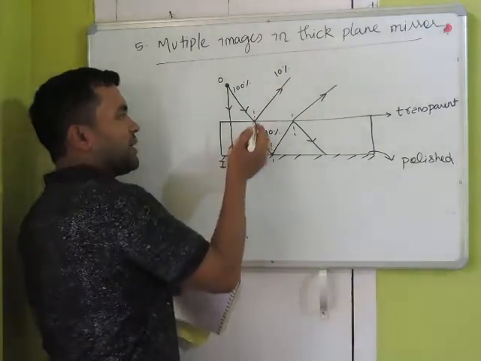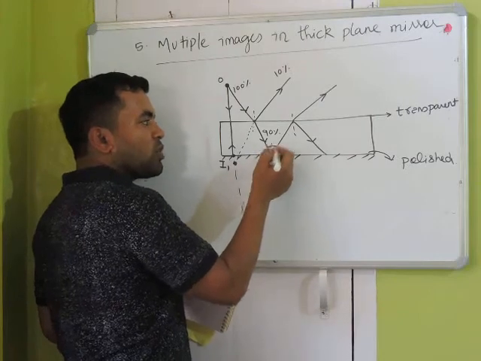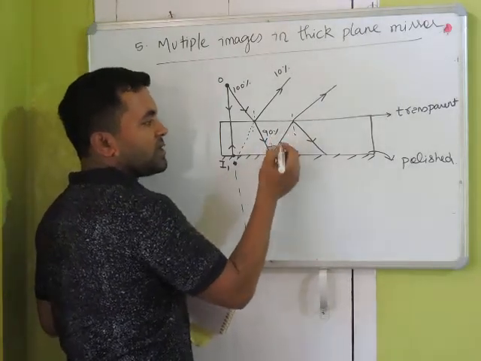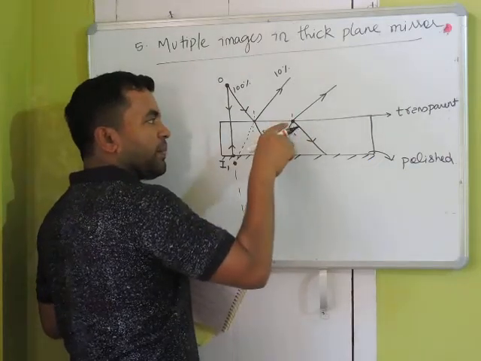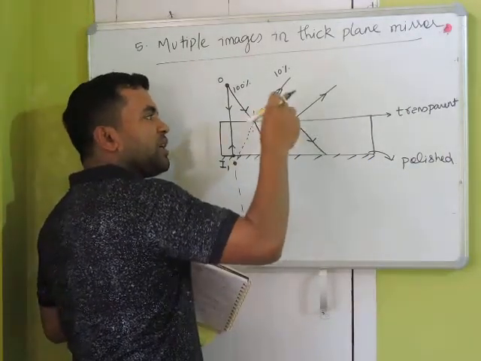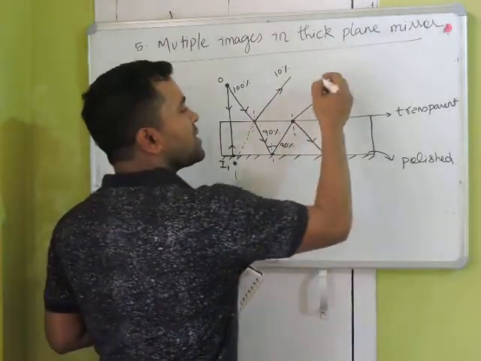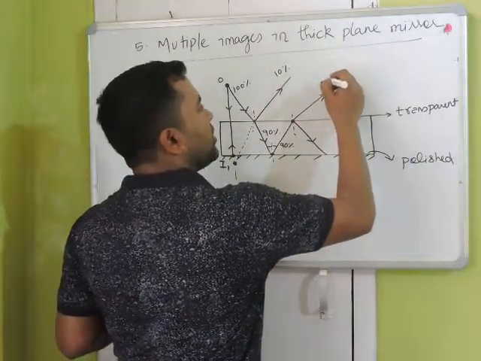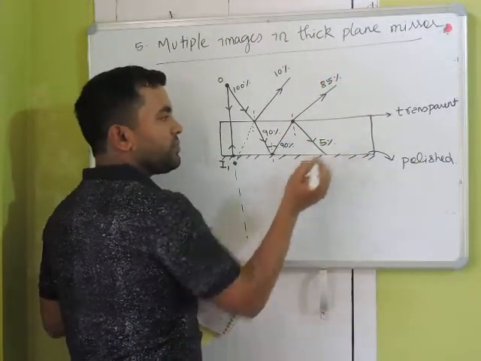Now if you track down this 90%, since it is polished, most of the light will be reflected. So let us say 90% reflects. As it comes here, again this is a transparent medium, most of the light will escape. Refraction will take place, so let us say 85% goes out. So 5% is left.